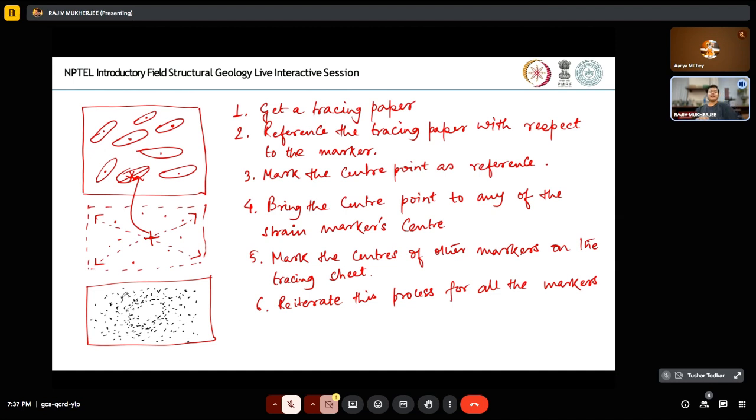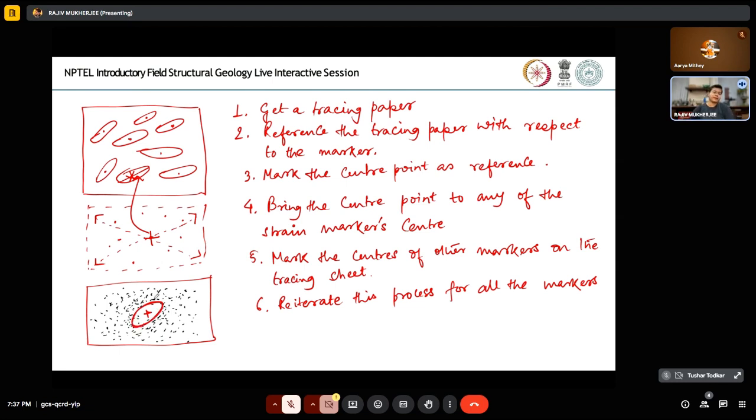So if you have enough markers present there, you would find that based on the center, you have got a void space which generally looks like an ellipse.